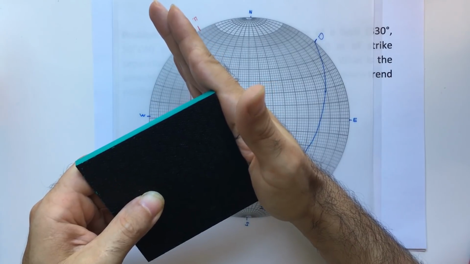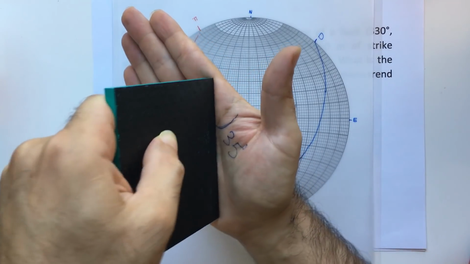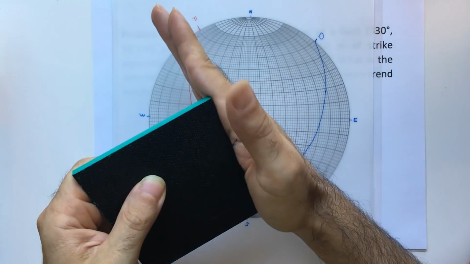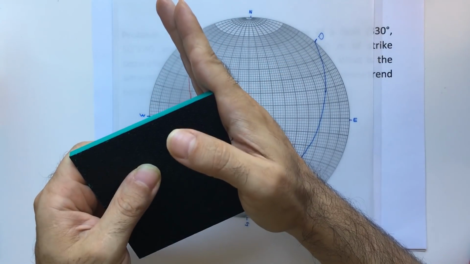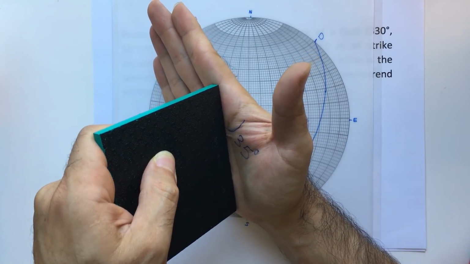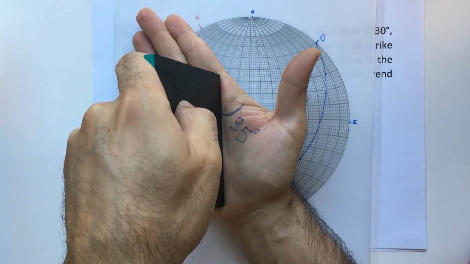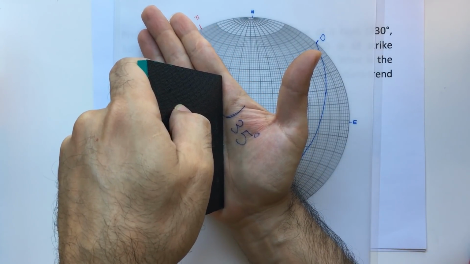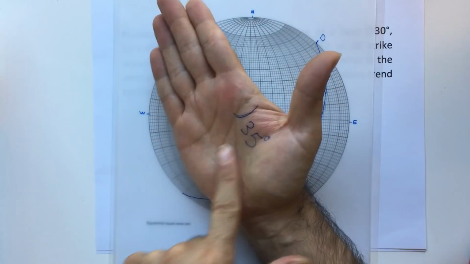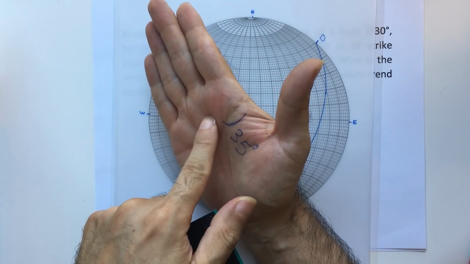The 35 degrees is the angle between the fault strike and the trace of the dike on the fault plane, because I'm going to calculate the net slip, which is the displacement along this plane.